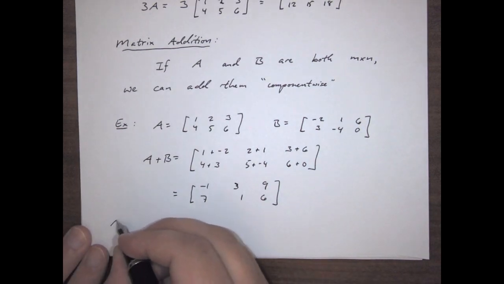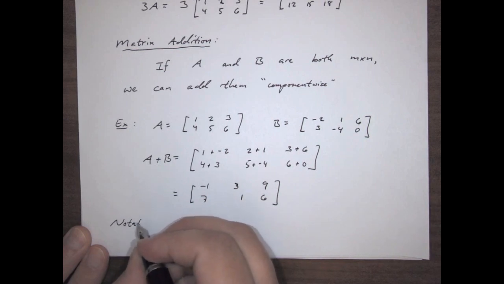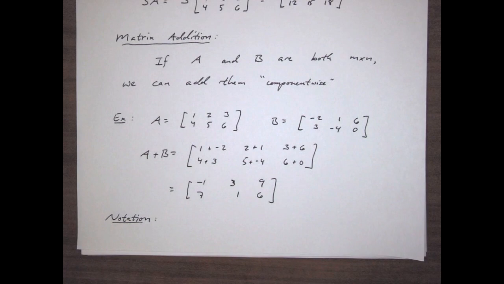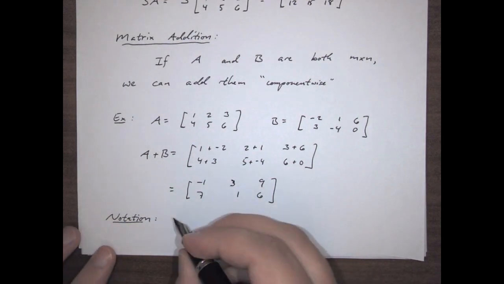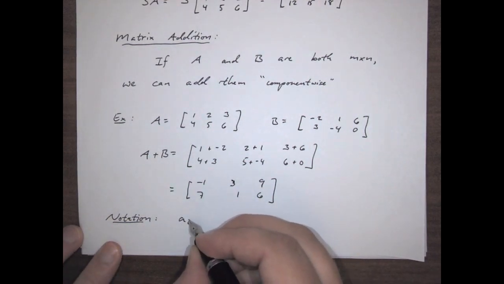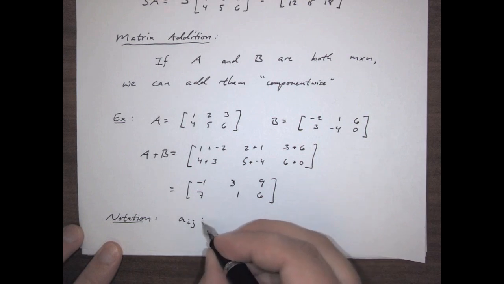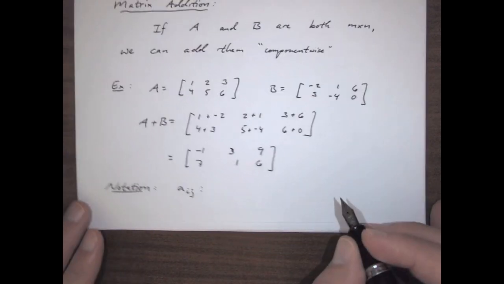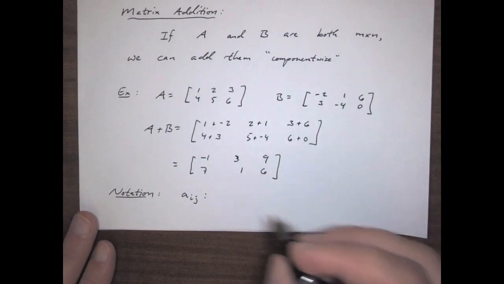So for notation, what we can say is this. Aij represents the entry of capital A in the ith row and the jth column.